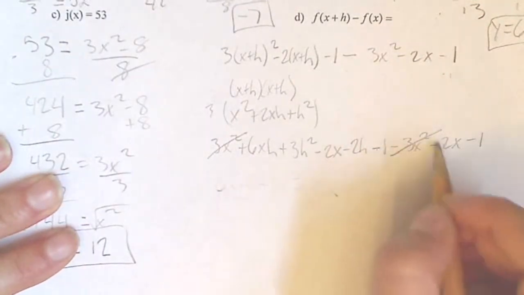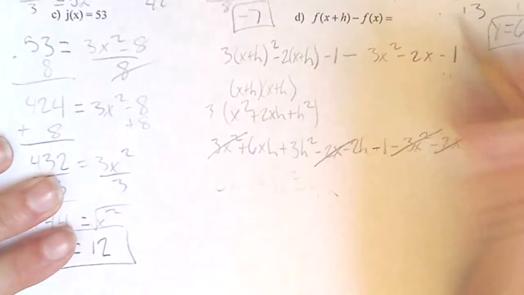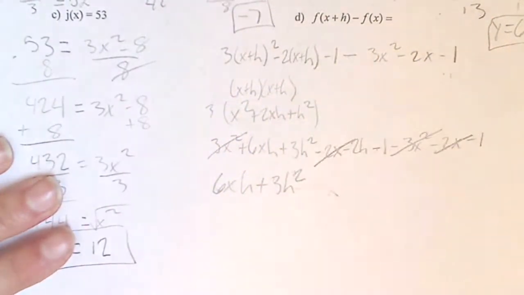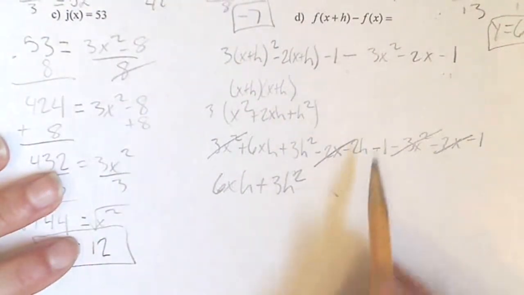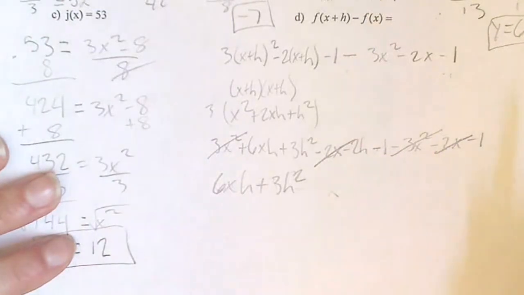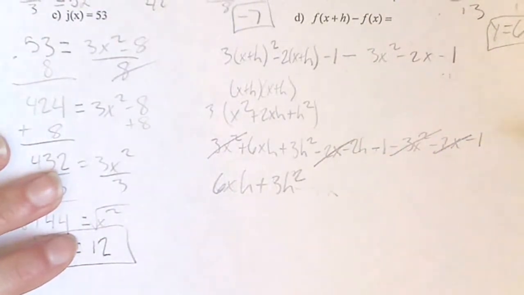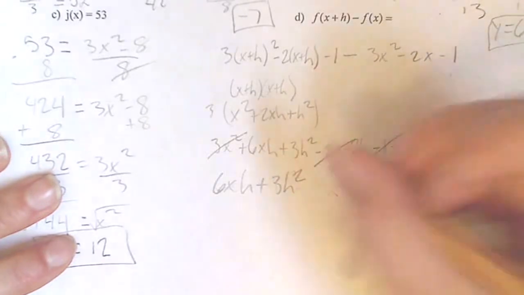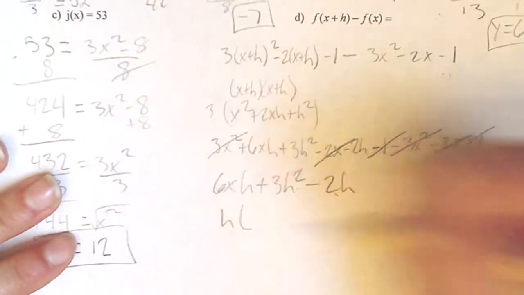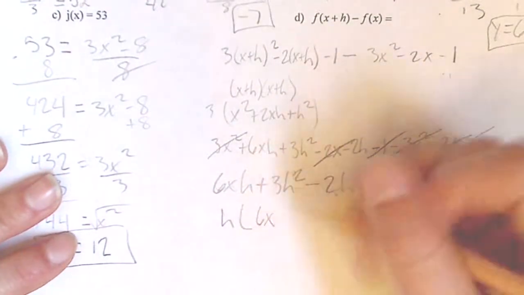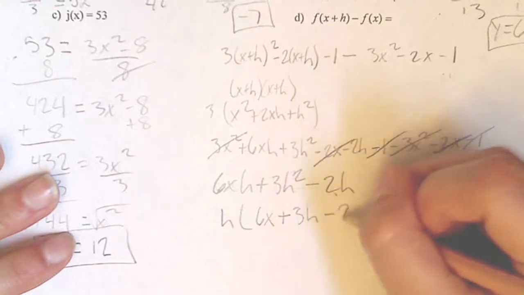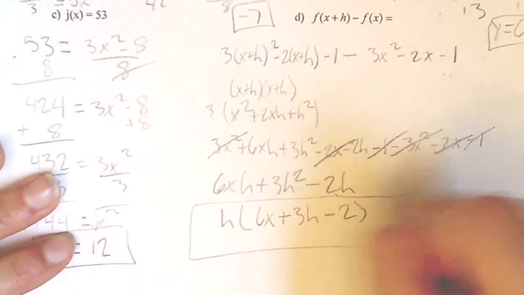So that makes this plus negative 2x, so those cancel. So you still have 6xh plus 3h squared. And then you have negative 1, negative 1. Those cancel actually. And so you just have minus 2h. You can take an h out of all of these. You get 6x plus 3h minus 2. And that's your final answer.